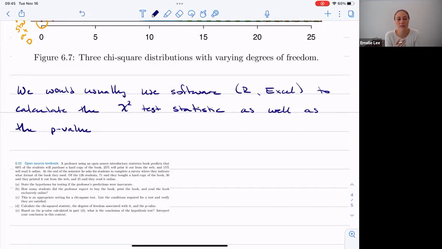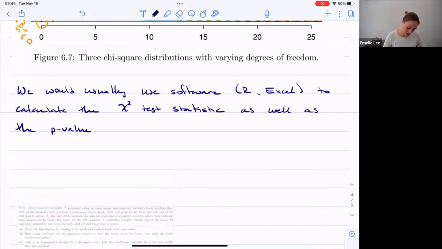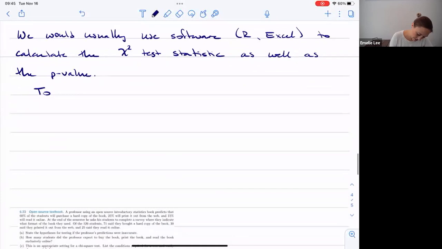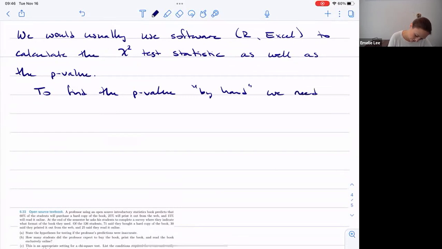It's set to allow for a little bit of wiggle room, but it is assuming that you're using the tables. So to find the p-value by hand, we need to use a chi-squared table.